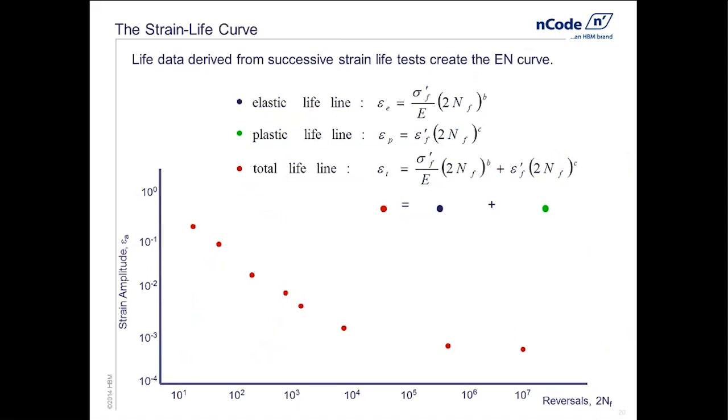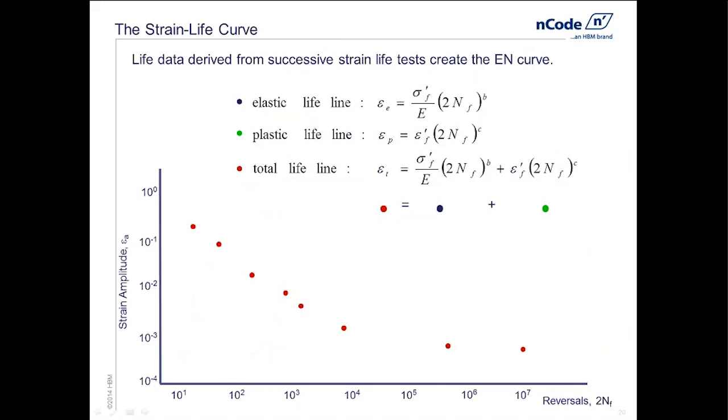And here we see a series of test data. Those red dots are the total strain that were measured for different strain levels, and each one is plotted strain amplitude versus life and reversals.